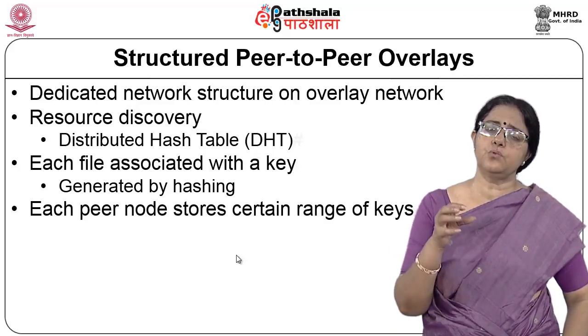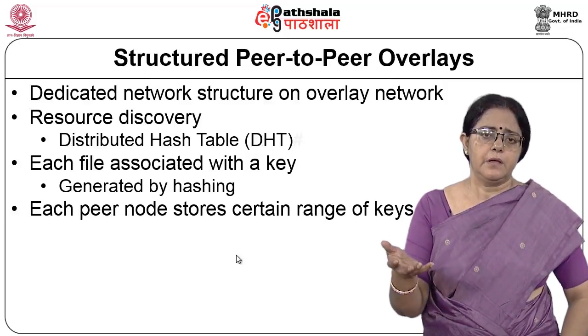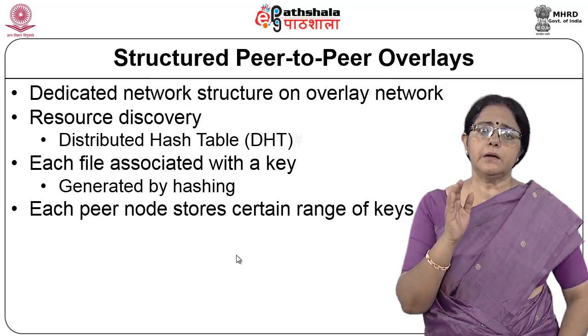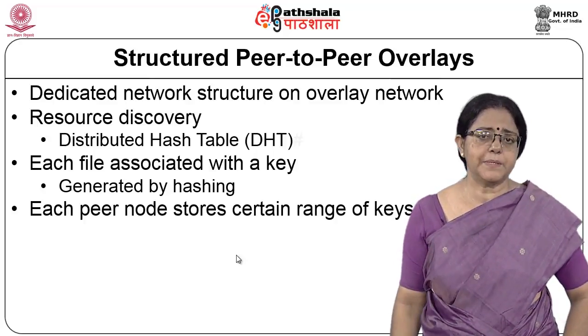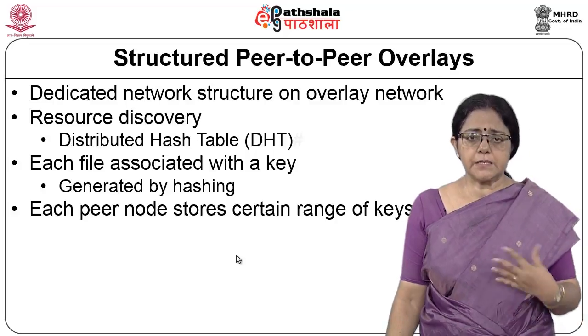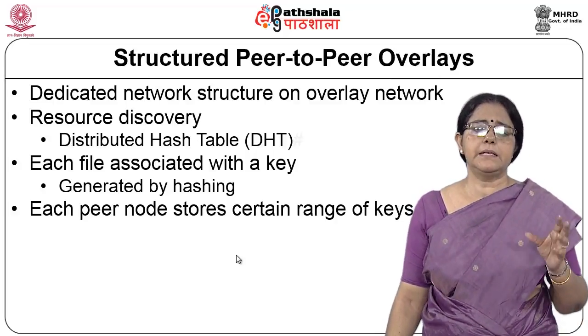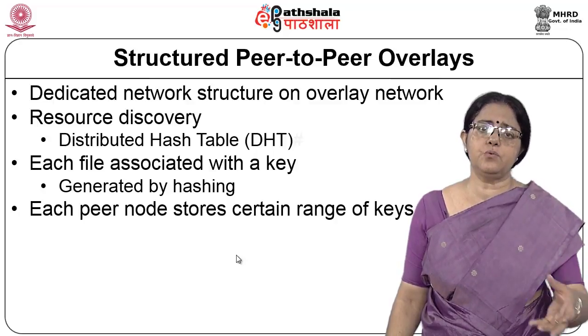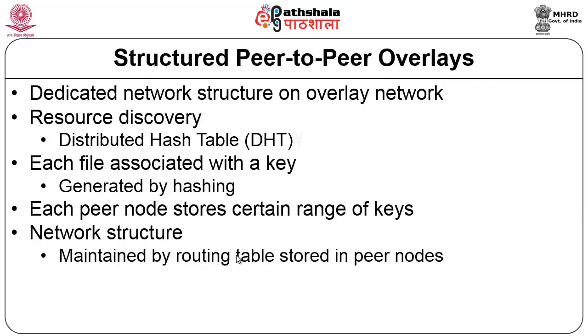Even before the data is stored, the keys are assigned to the participating nodes in a predefined manner. I assign a set of keys to one particular node, another set of keys to another node, and so on.